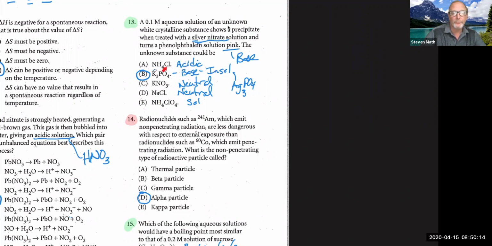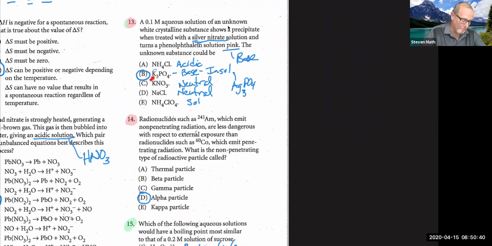Cl minus comes from a strong acid. You know what? Now that I'm thinking about this, I'm going to recant my green. It's weak and strong. Weak and strong is not going to be on this year's. But we did it. Dadgummit. Okay, so this is going to give me an acidic solution.